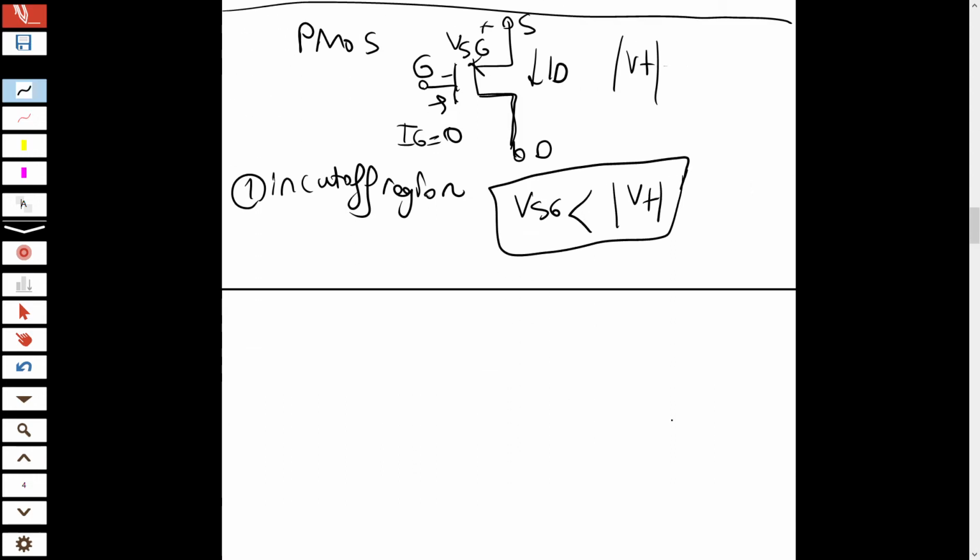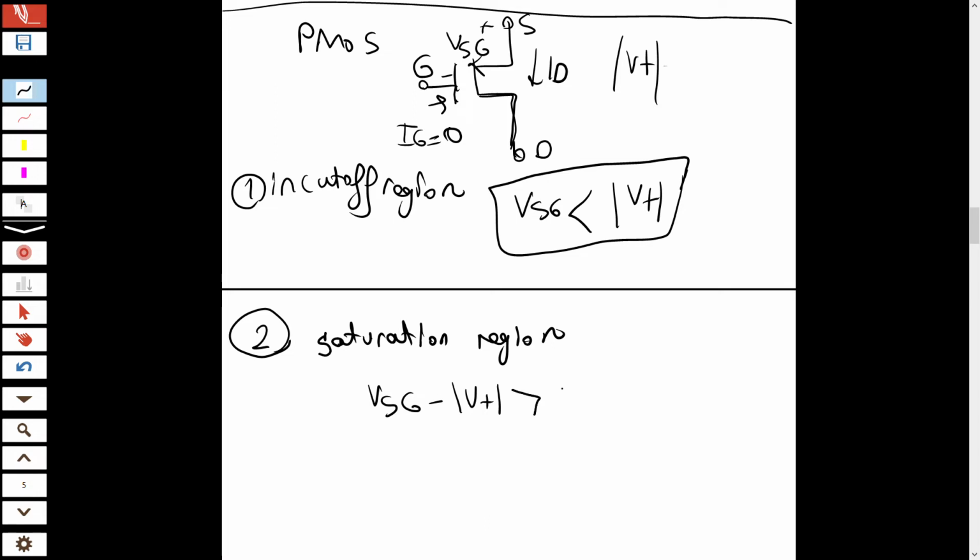Second region is saturation region. In saturation region, V source G minus absolute value of V threshold is positive. I mean V source G is greater than absolute value of V threshold.